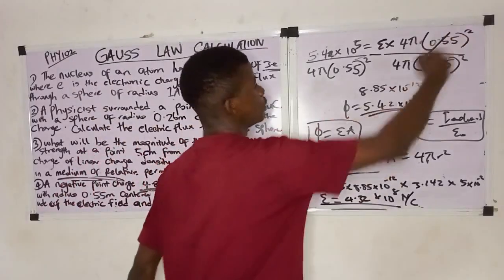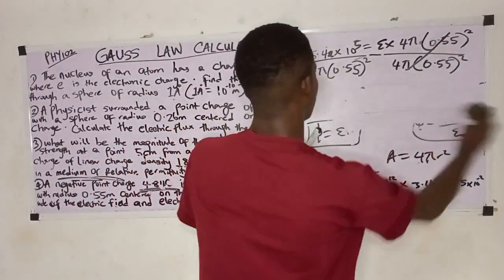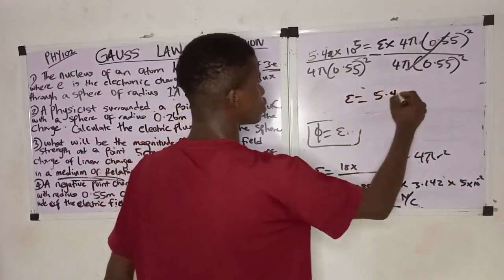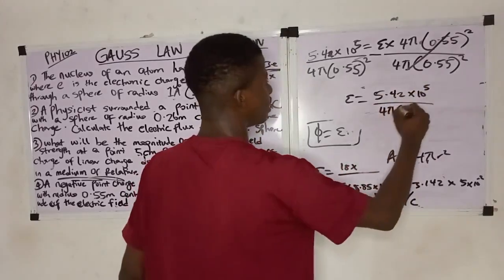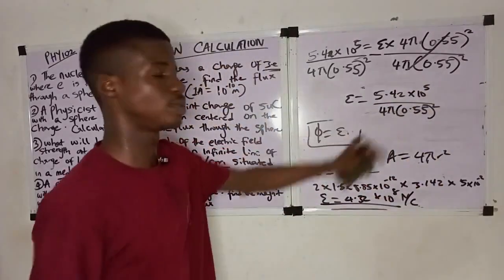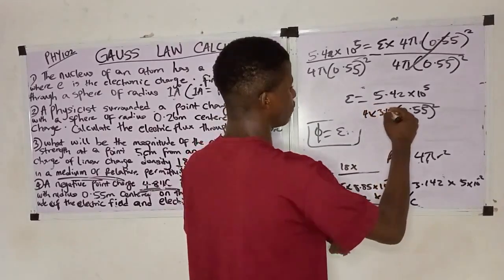So this cancels, and we are left with E equals 5.42 times 10 raised to the power 5 divided by 4 pi times 0.55 all squared. Now 4 pi is 4 times 3.142.